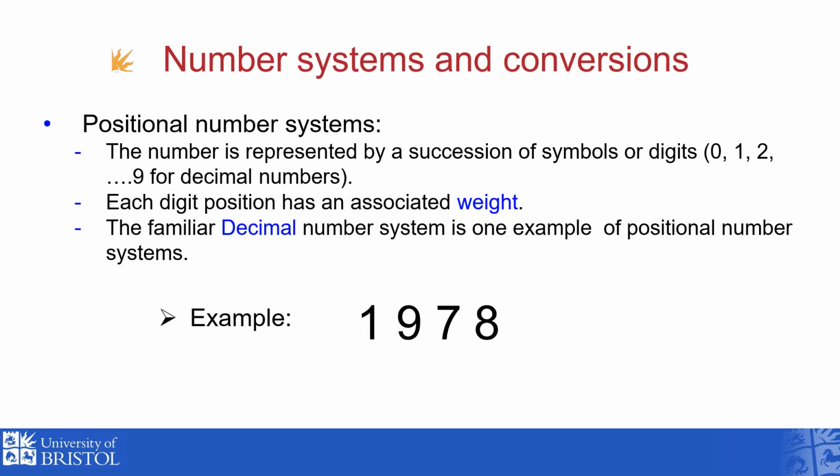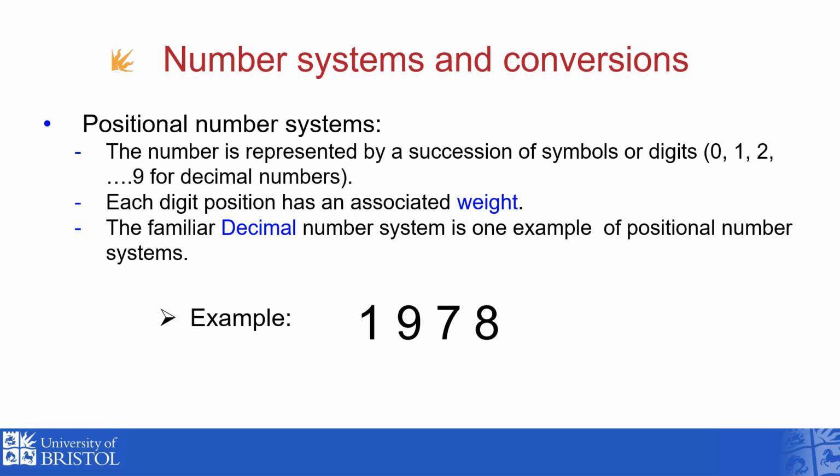We are all familiar with what is called positional number systems. Each number is represented by a succession of symbols, which we call digits. In the decimal system, we got 10 digits, starting from 0 up until 9.